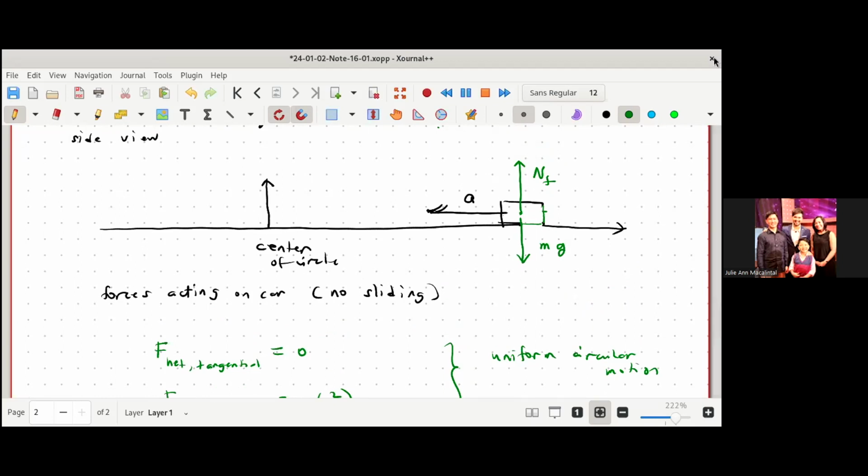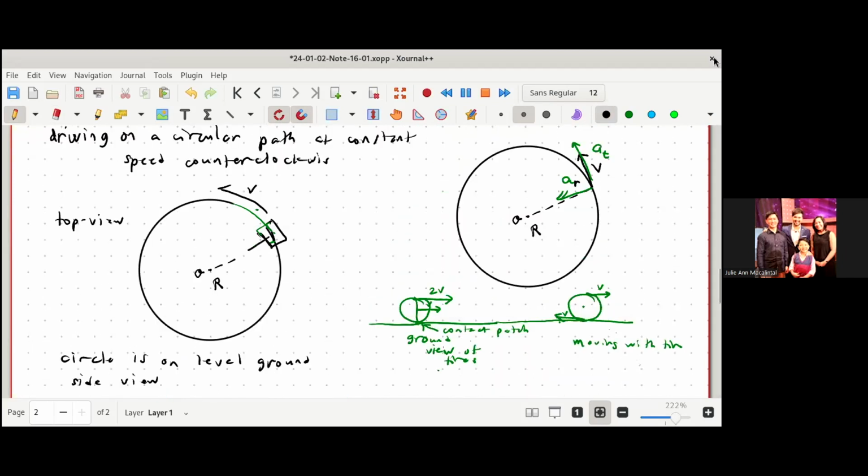So the only force that could be acting on the car to produce that acceleration is friction, acting in this direction towards the center. Or top view, it's actually friction that points this way. Wala nang ibang forces.